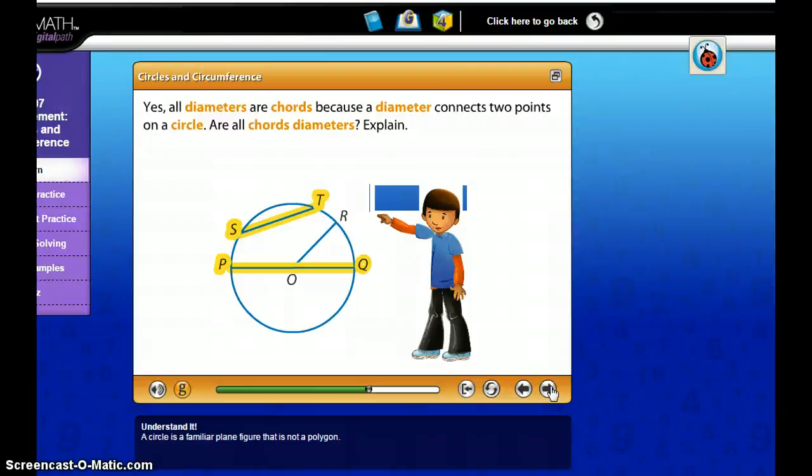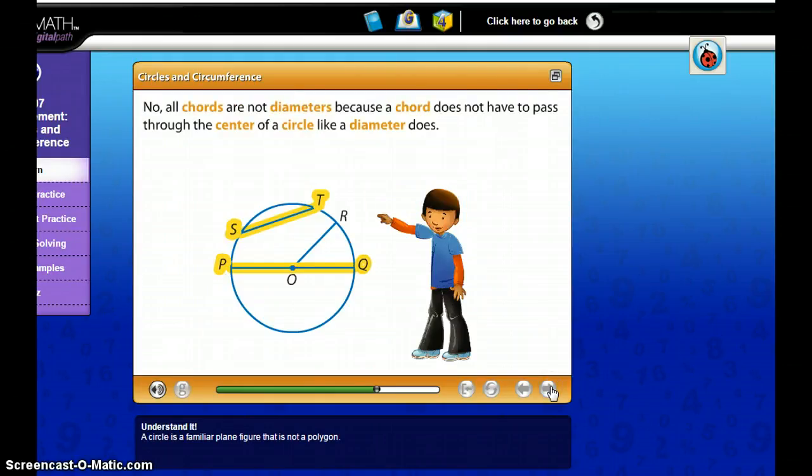However, not every chord is a diameter. This right here is a chord. It's connecting S and T, but a diameter goes through the center of a circle. This chord does not go through the center. So a diameter is always a chord, but a chord is not necessarily a diameter. No, all chords are not diameters because a chord does not have to pass through the center of a circle like a diameter does.